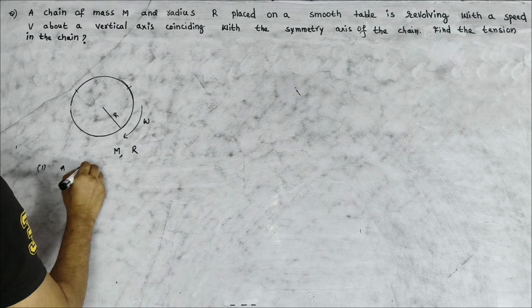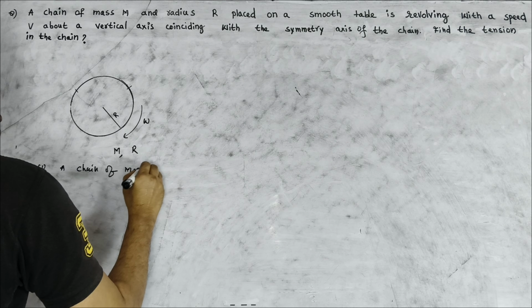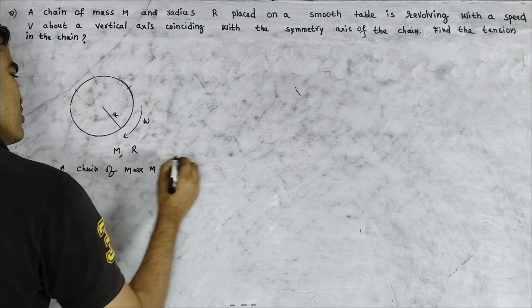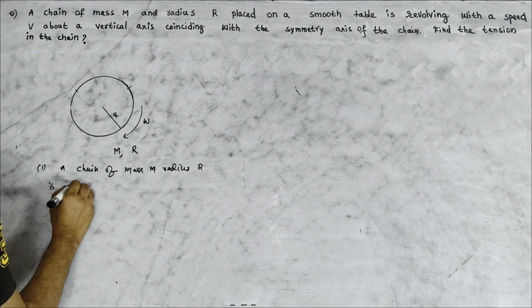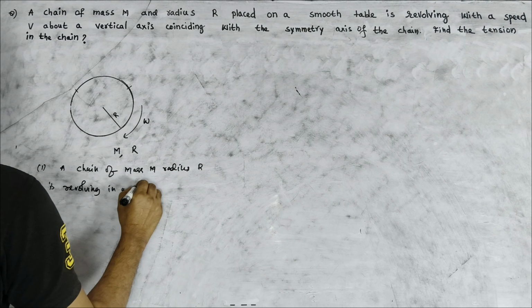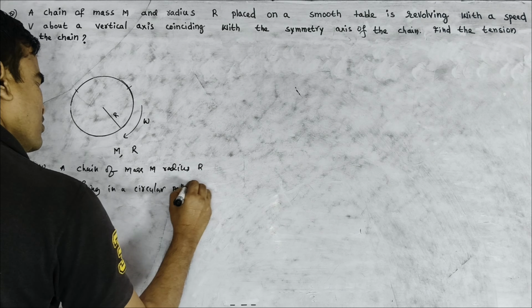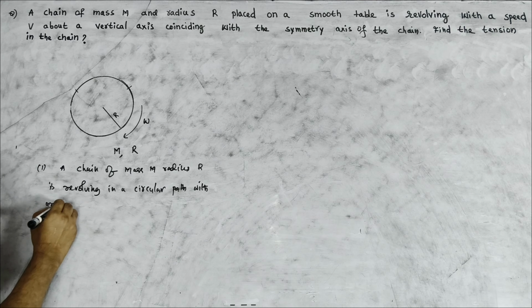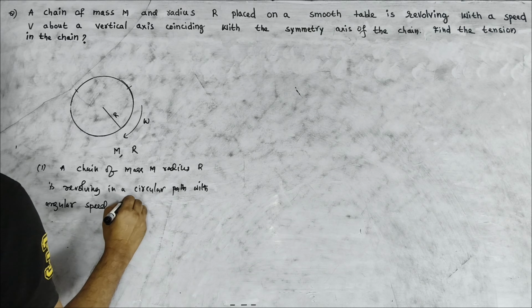A chain of mass m, radius r is revolving in a circular path with angular speed omega.